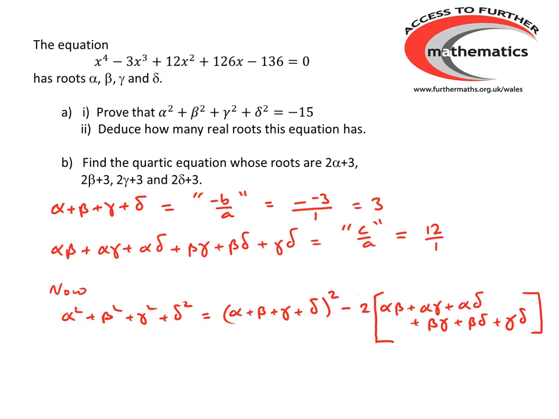Now, alpha squared plus beta squared plus gamma squared plus delta squared is the same thing as alpha plus beta plus gamma plus delta all squared, take away 2 lots of alpha beta plus alpha gamma plus alpha delta plus beta gamma plus beta delta plus gamma delta. So it's the same thing as 3 squared take away 2 times 12. And 3 squared take away 2 times 12 is minus 15.